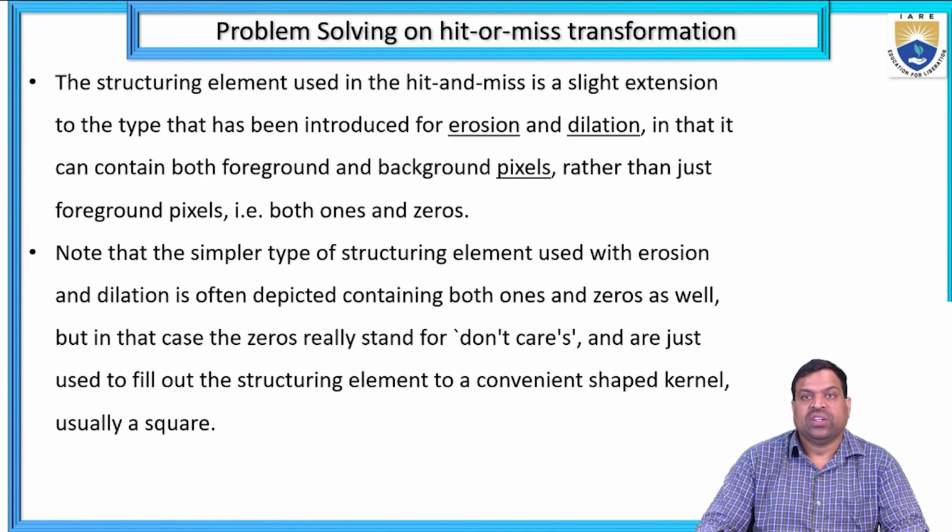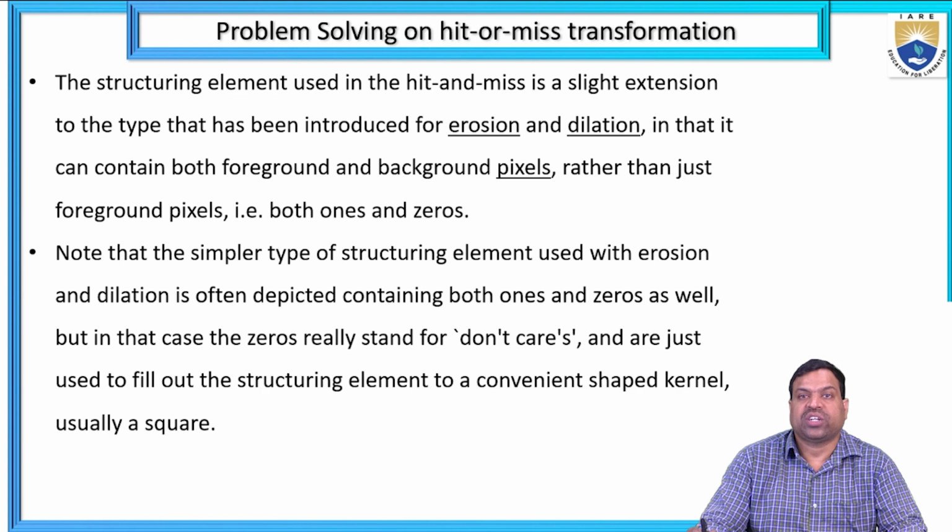So, the structuring element used in the hit or miss is slightly an extension to the type that has been introduced for erosion and dilation, in that it can contain both foreground and background pixels rather than just foreground pixels, that is both ones and zeros.